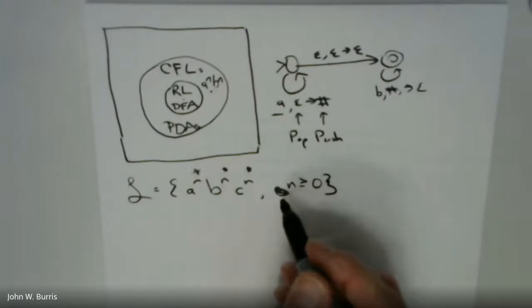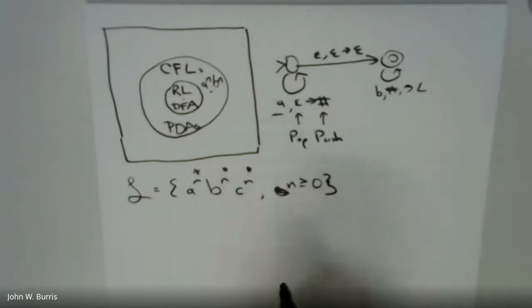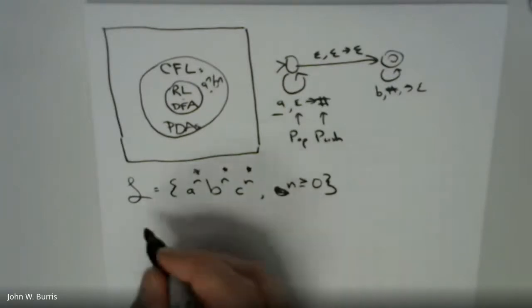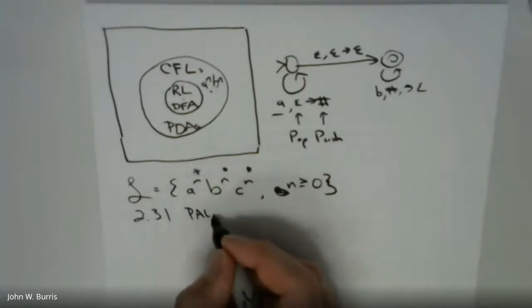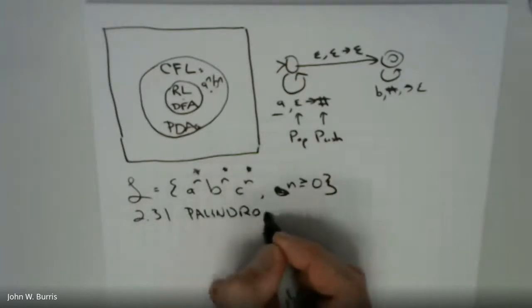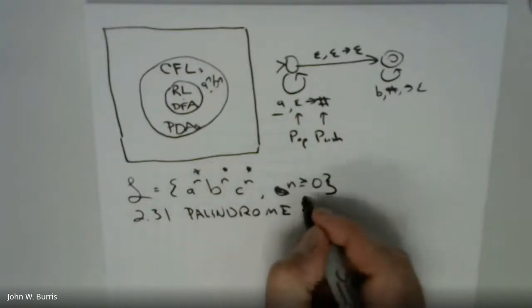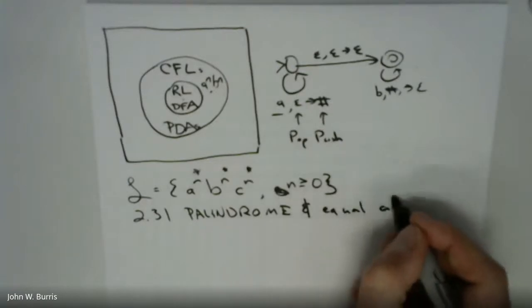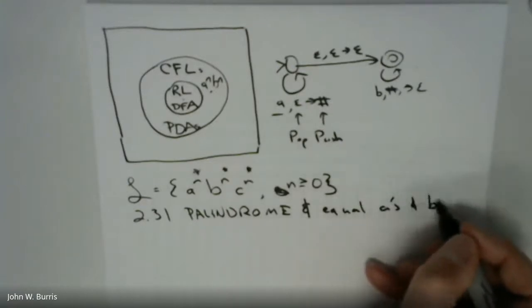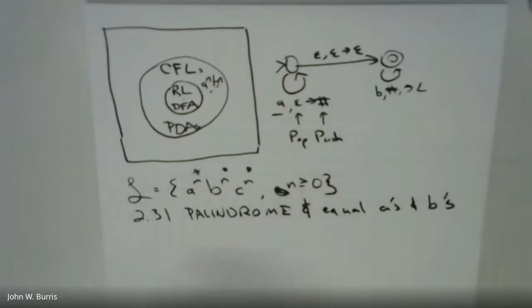Now, your homework assignment includes one that is very particular. It is a specific form of palindrome. It is 2.31, and it's both palindrome and equal a's and b's. Now, here's the thing.